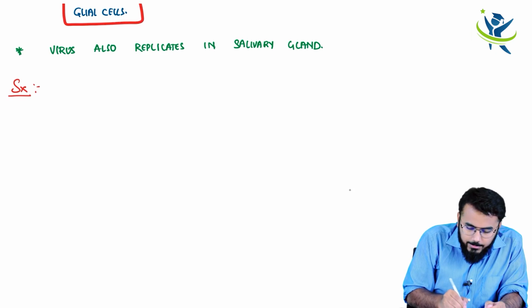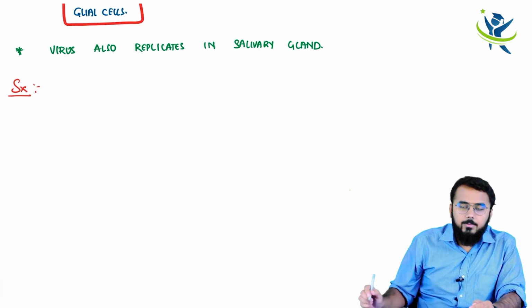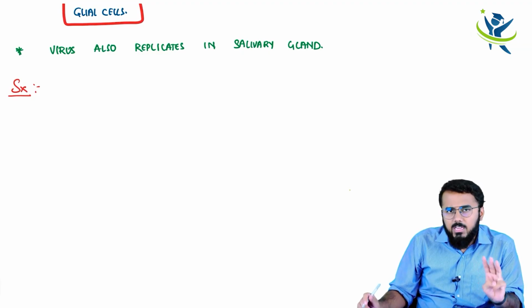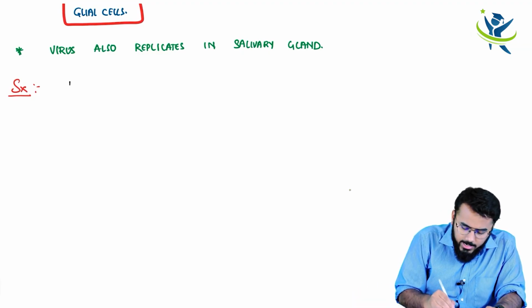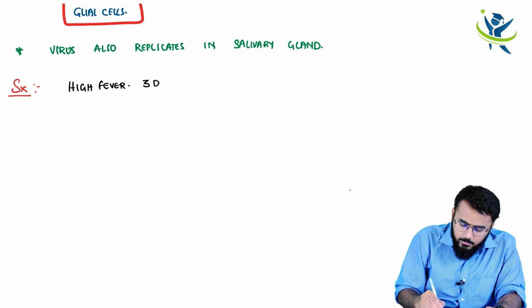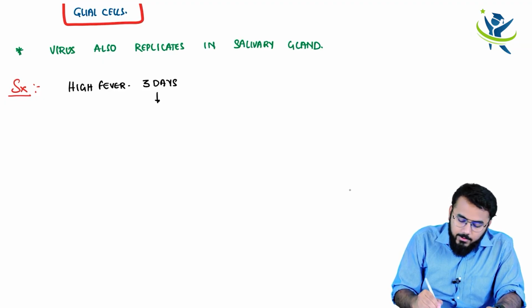What are the symptoms the patient would basically complain? Now, the symptoms are, there will be very high fever for 3 days. Okay, so there will be high fever for 3 days. Okay, and along with the fever, there will also be seizures.